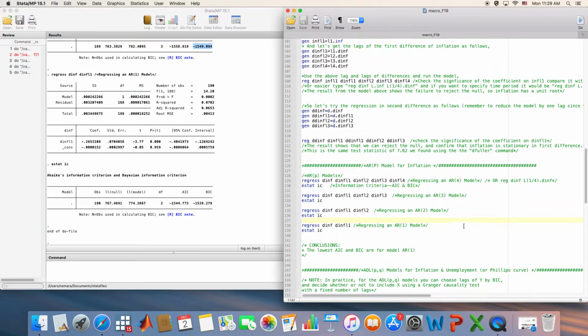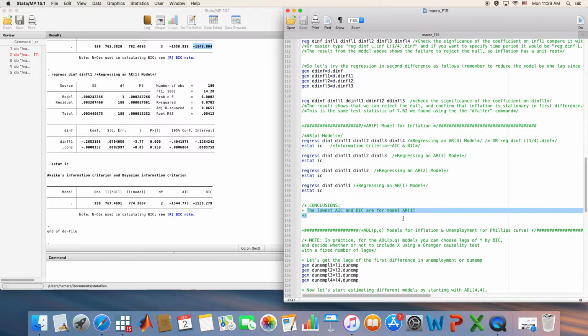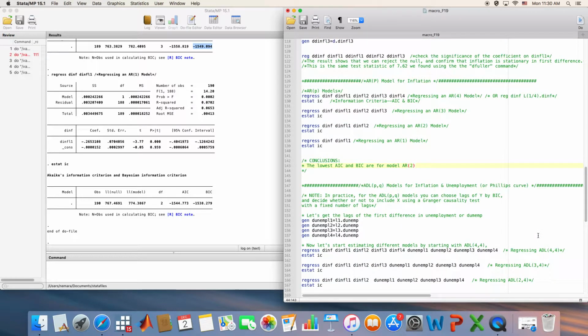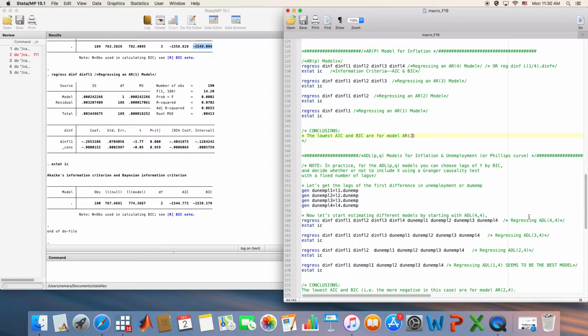So based on both AIC and BIC, our degree is 2, because it has the smallest AIC or BIC. Next we are going to use this model and build on it. By now we already understand that AR2 is the best out of all.